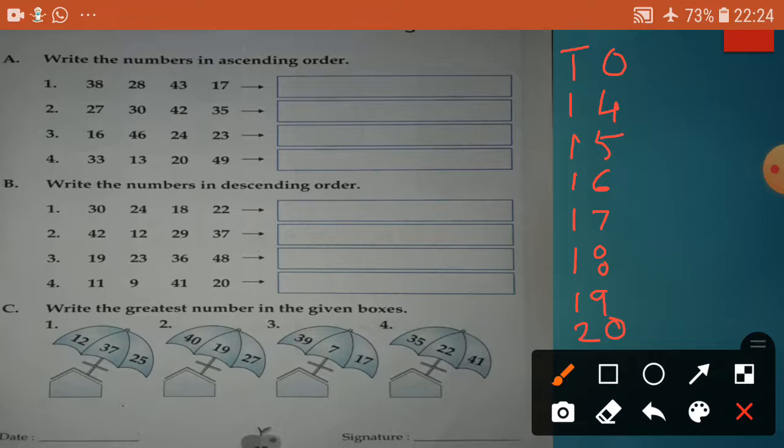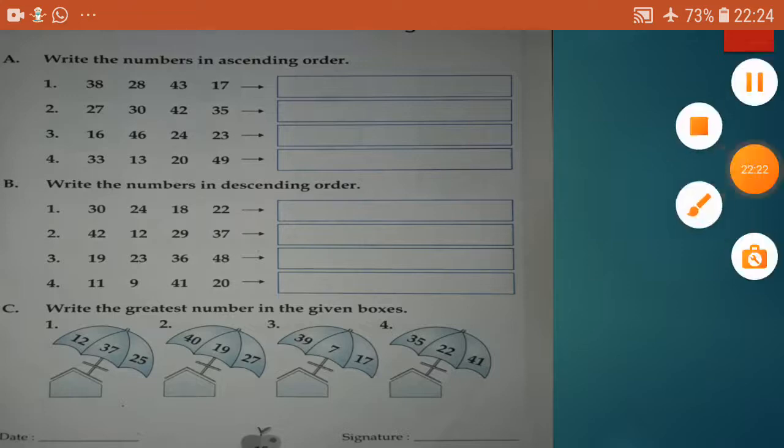So you practice, okay, and write tens and ones. So I hope everyone understood.